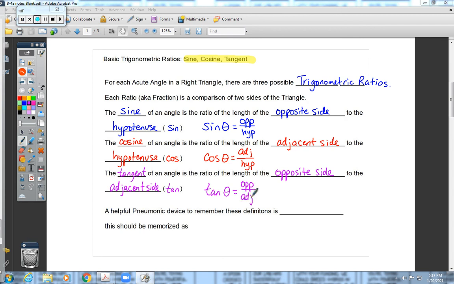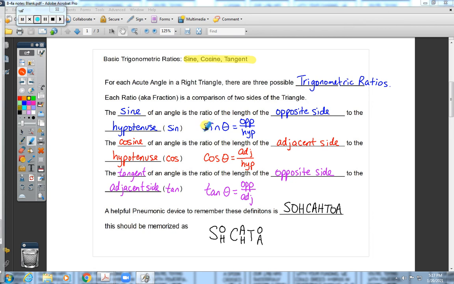Now, when we learn these sort of things in mathematics, in science, in geography, and history, it's very common for there to be some sort of mnemonic device to help you remember this information. And in mathematics, a very common mnemonic we use is called SOHCAHTOA. Now, I don't like to write SOHCAHTOA like that. I like to write it as SOH CAH TOA. And here's why. We need to memorize this because it helps us remember what sine, cosine, and tangent are.